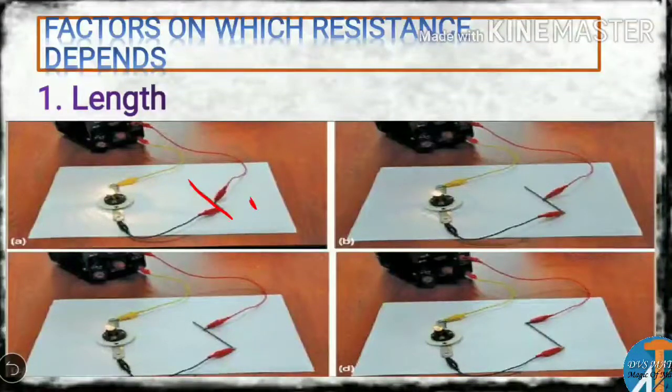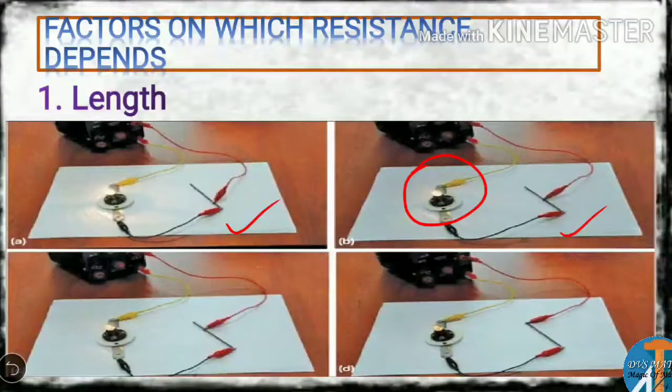So if we compare the first and second, here the length of the connection is increased. Observe here, length is increased. And if we compare the brightness to the second figure, the brightness decreases. That means if length is increased, resistance is also increased.